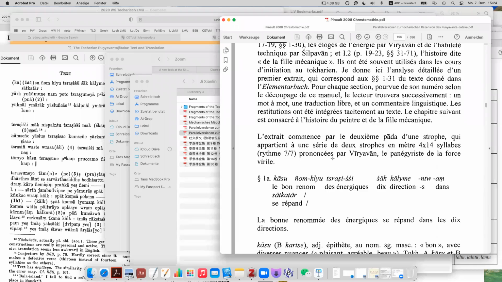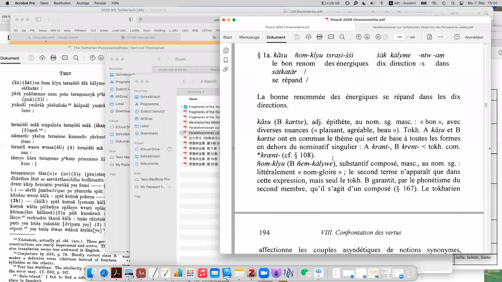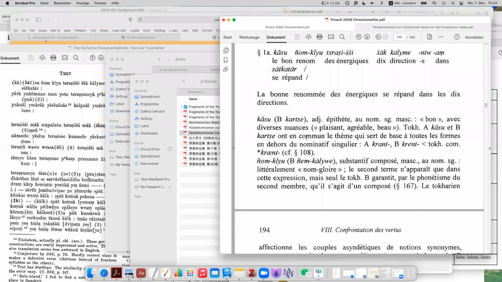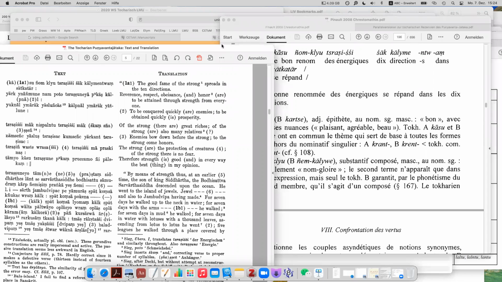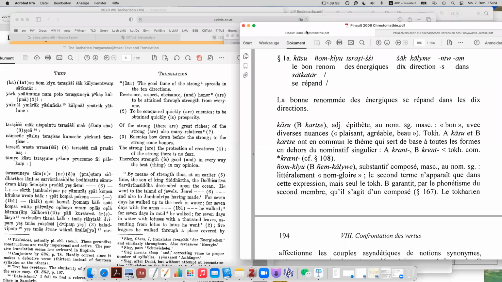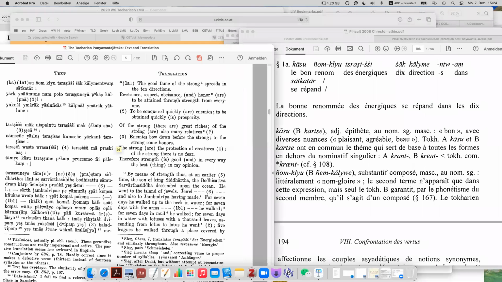And then we can probably move on to, so actually the version by Pinault is pretty good. It contains a lot of linguistic commentaries, and we can check them together. Okay, so this is a comparative reading.